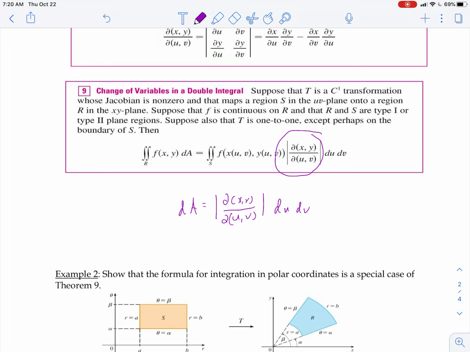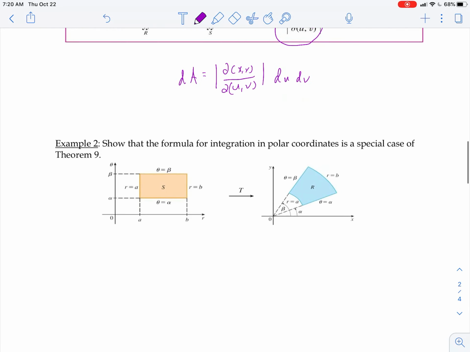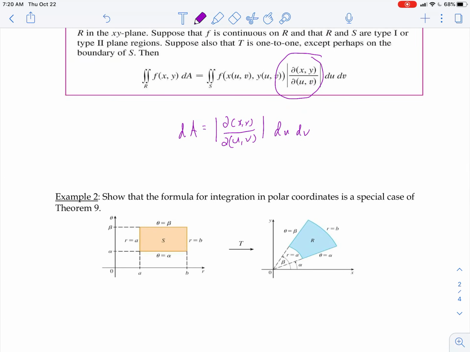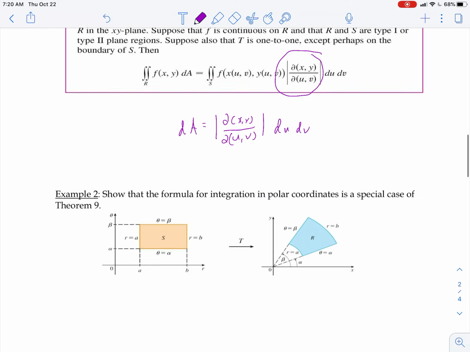That r was the Jacobian for polar coordinates. So now we're going to show that the formula for integration in polar coordinates is a special case of Theorem 9. Special case meaning, when we're transferring from rectangular to polar, it's always going to be in this form.